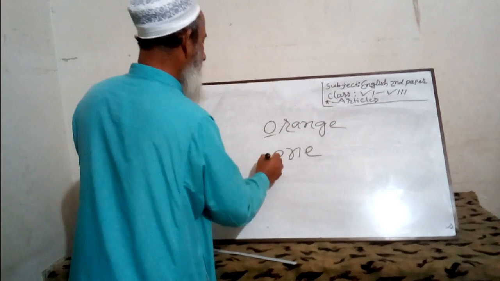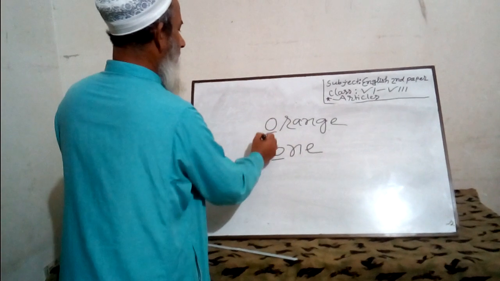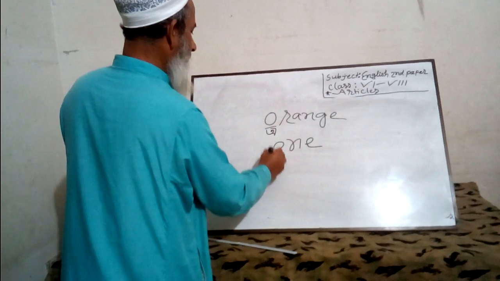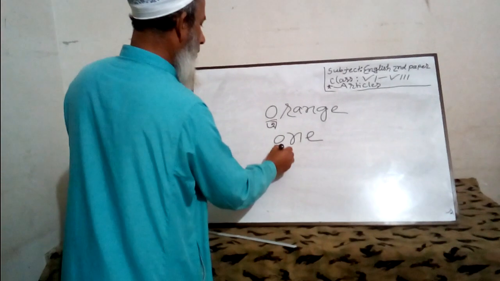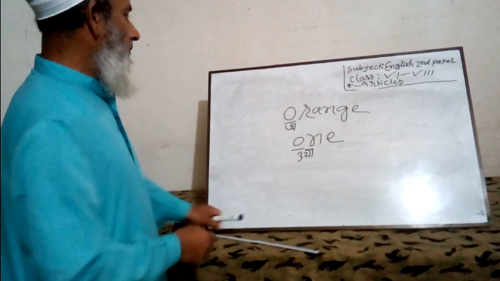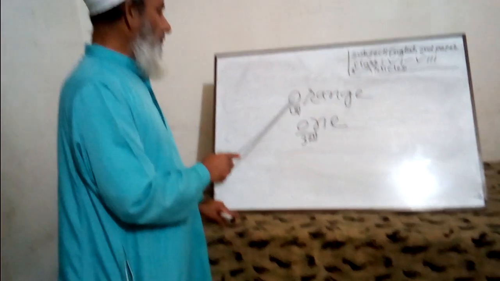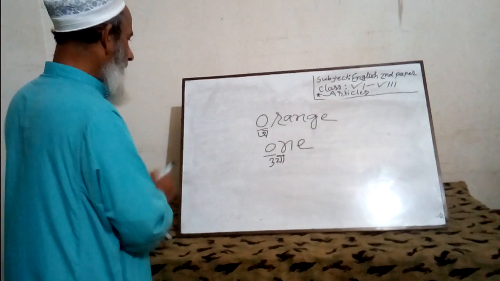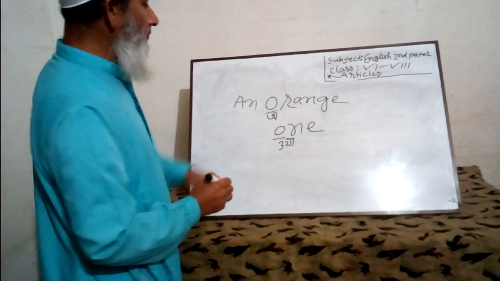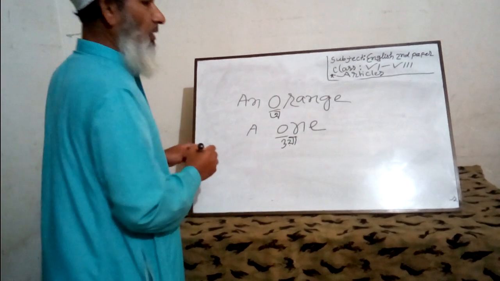The first letter is here vowel, here is also first letter vowel, but this first letter O sounds like O, and here it sounds like W. If it sounds like O, we have to use an before it. But if it does not, we have to use a.